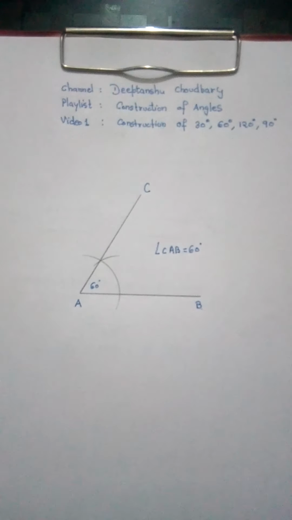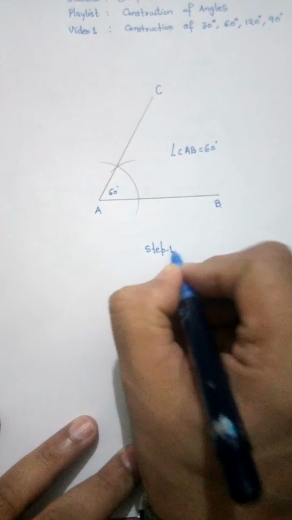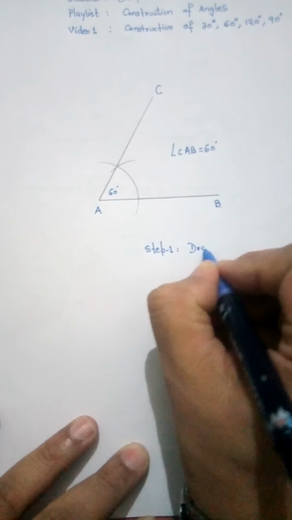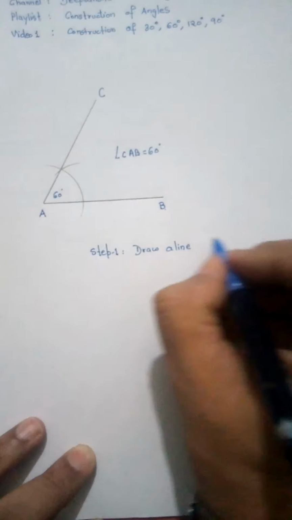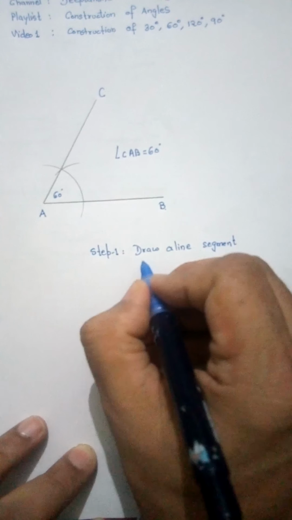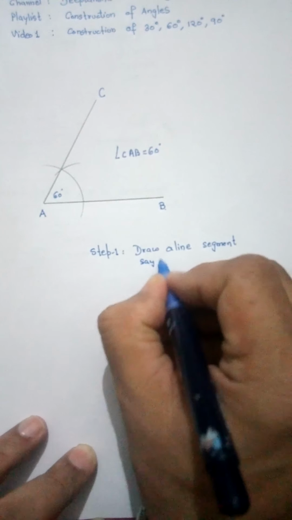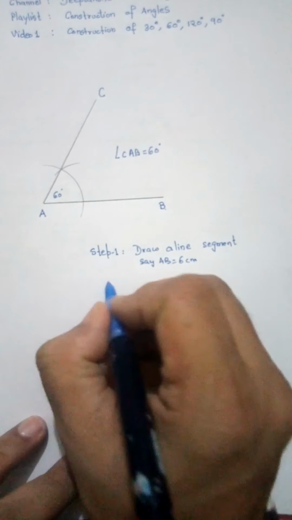What did I do? Step 1: draw a line segment, say AB equal to 6 centimeter you can take.